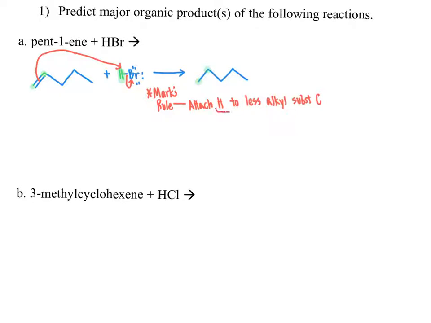In other words, the other way that you could say this is, the hydrogen is going to bond to the carbon with more directly bonded hydrogens. Because the carbon that has more directly bonded hydrogens will always correspond to the less alkyl substituted carbon. So what that means is that when we decide where to put that proton in, that proton is going to go right here.